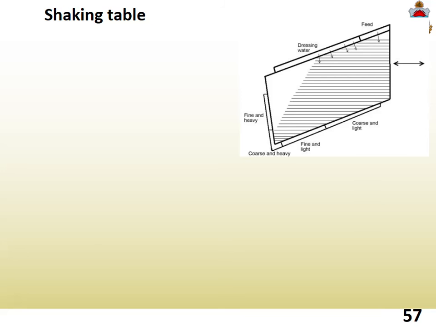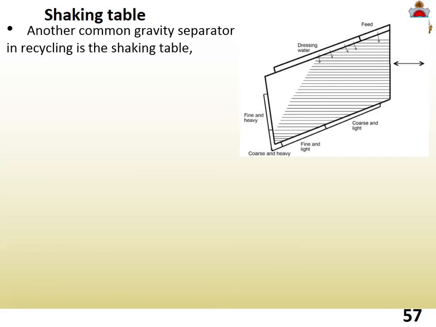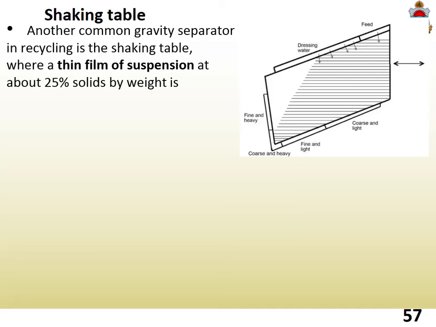Then another equipment used for sorting the material on the basis of their sizes is this shaking table, which is slightly inclined, and then it will be shaking right left as shown in this figure. So here basically the feed is in the form of a suspension with almost 25% by weight of solids.